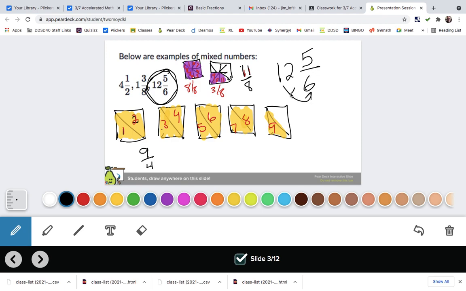So if we multiply those together, we're counting them up. So 6 times 12, that would get us 72. We'd have 5 left over, so we'd have to add those 5, and we would get 77/6. So that's the shortcut we're going to talk about tomorrow.